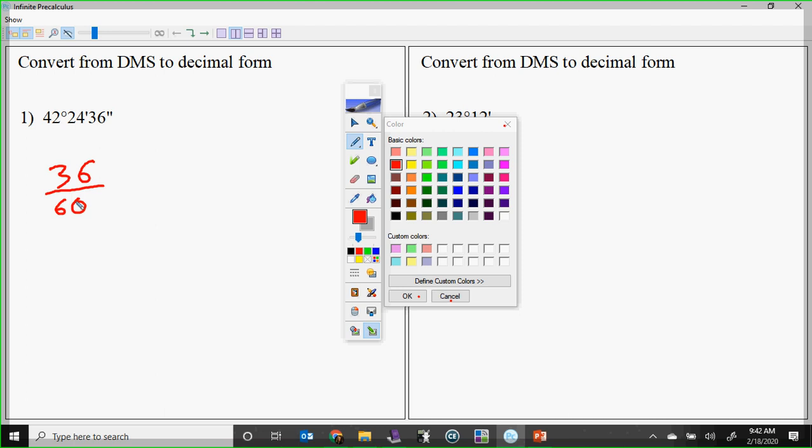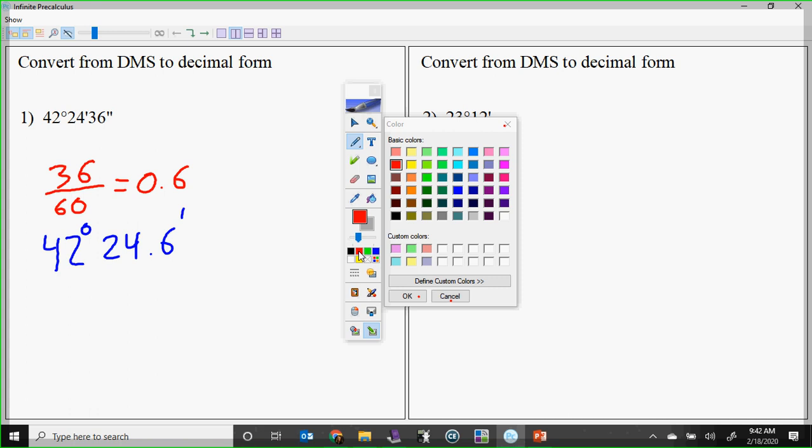Okay. If I get my calculator out, 36 divided by 60, I get 0.6. Okay, so what that means is this is 42 degrees and 24.6 minutes. Okay, well, I want to change from degrees and minutes to just degrees. Well, think about it.